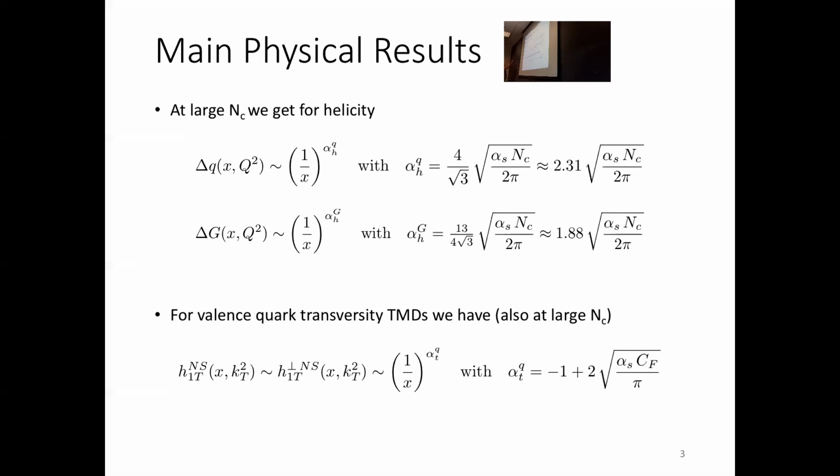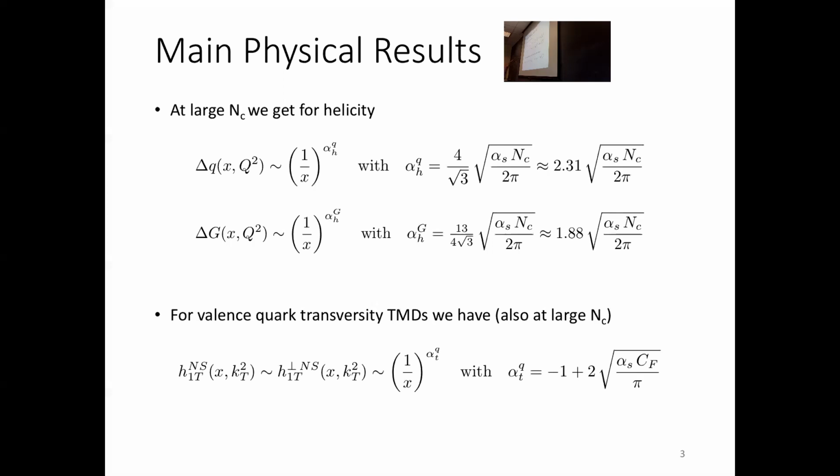In leading order BFKL, this would be 2 psi of 1 minus psi of gamma minus psi of 1 minus gamma. The exact form is not very important here, but you see that in the integrand x and KT dependence factorizes, but then you have a convolution, so you have to do the integral.